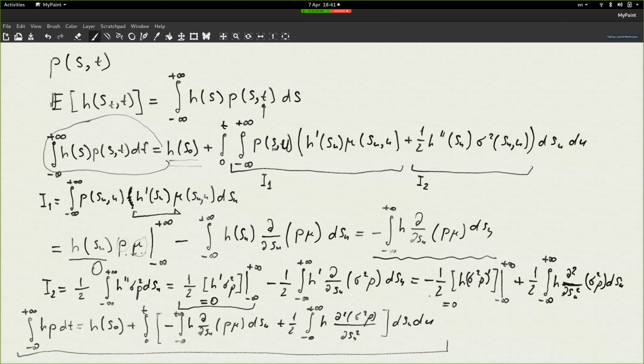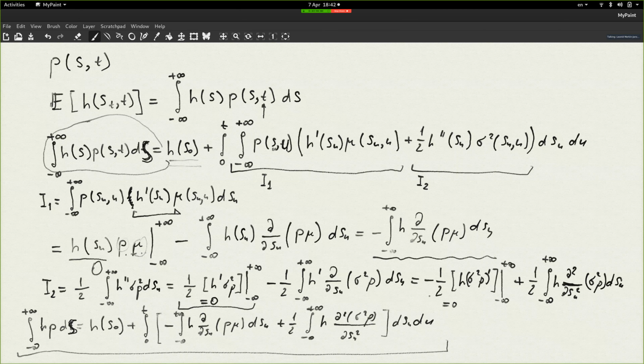From minus infinity to plus infinity, ds, when we were taking the expected value. Obviously, ds. h of s0 plus integral from 0 to t, minus integral of h times the derivative of p mu ds, plus 1/2 integral from minus infinity to plus infinity of h times the second derivative of sigma squared p, ds du.